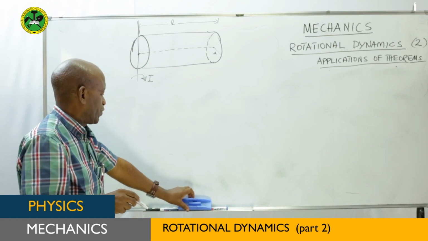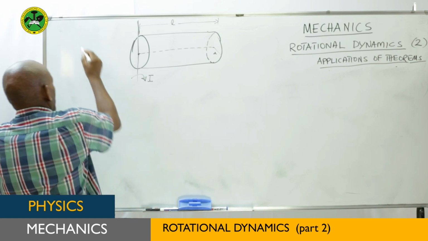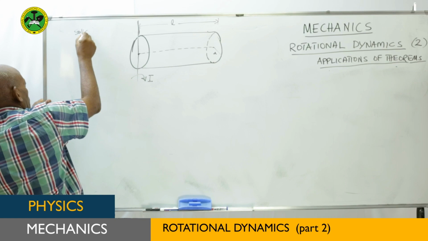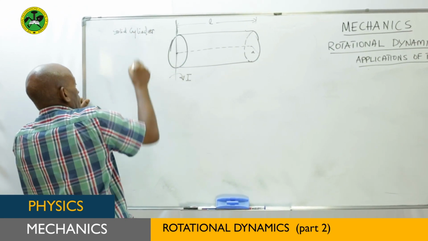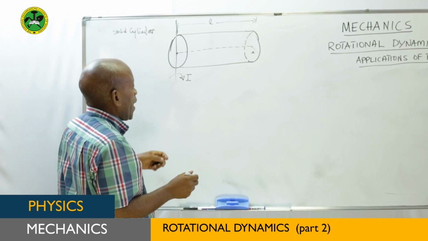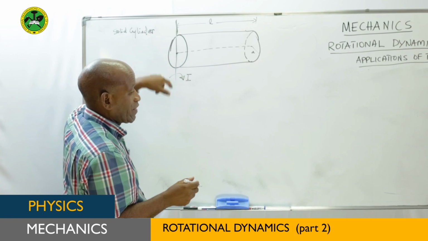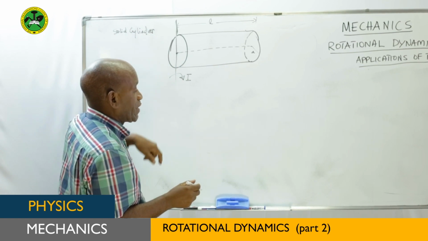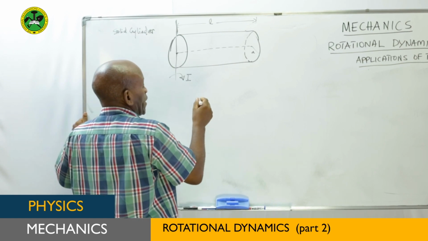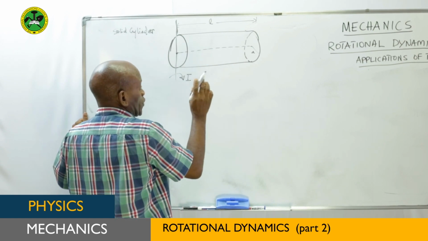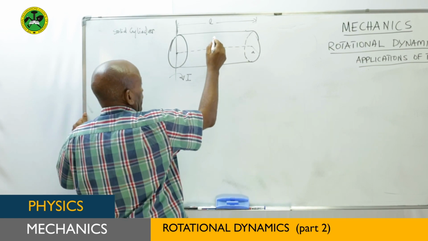Now, as you can see, this is the solid cylinder. To determine the moment of inertia through this axis, which passes through its diameter, we need to use what we call the parallel axis theorem.